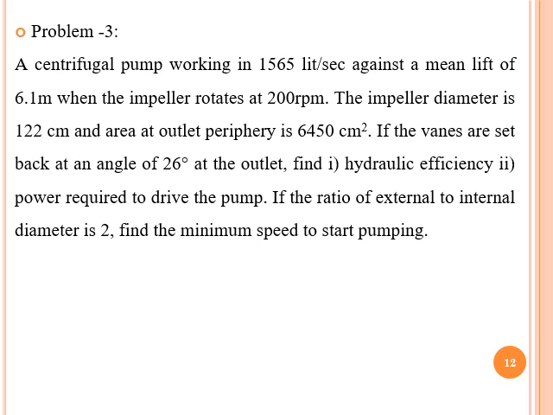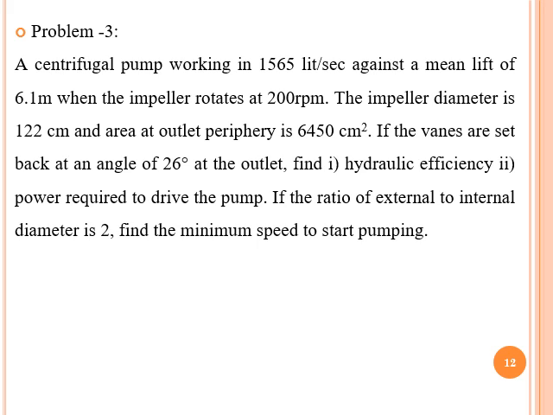If the vanes are set back at an angle of 26 degree at the outlet, find the hydraulic efficiency. Second, the power required to drive the pump. Third, if the ratio of external to internal diameter is 2, find the minimum speed to start pumping. So this is the third numerical related to centrifugal pump.